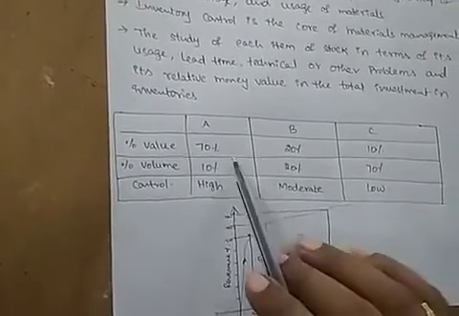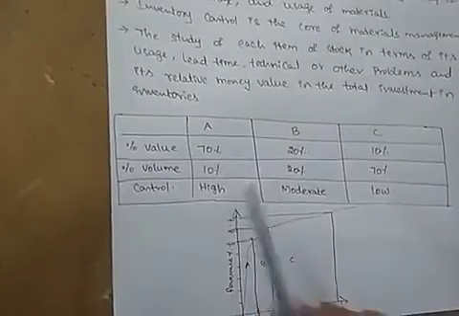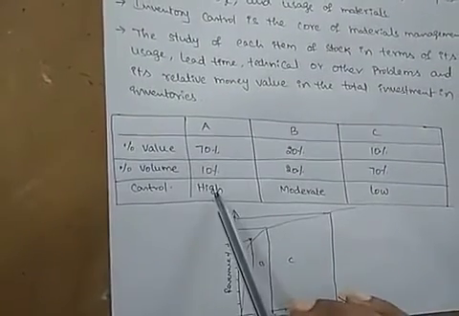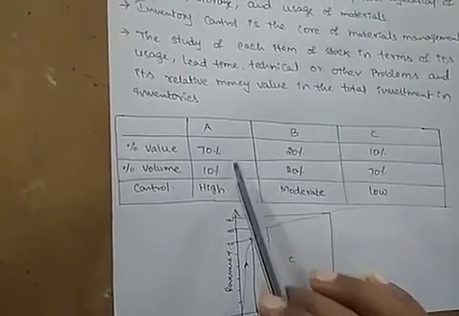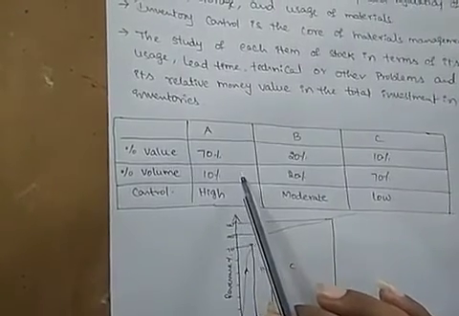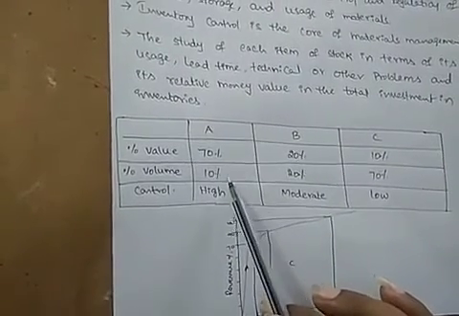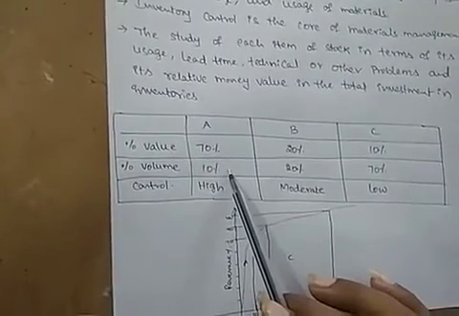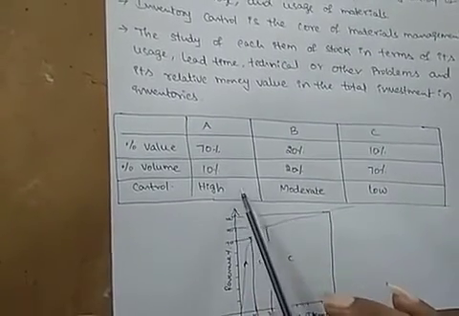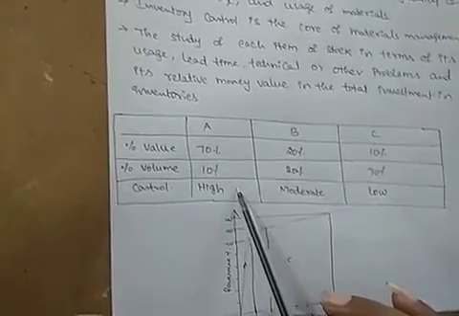Now coming to the control. For A category items, we invest 70% of the funds but receive only 10% of the quantity of materials. So there is a lot of need to monitor and control them highly. Why?